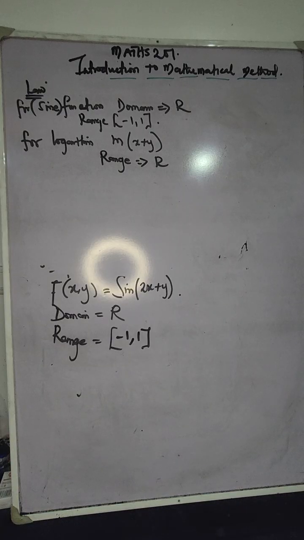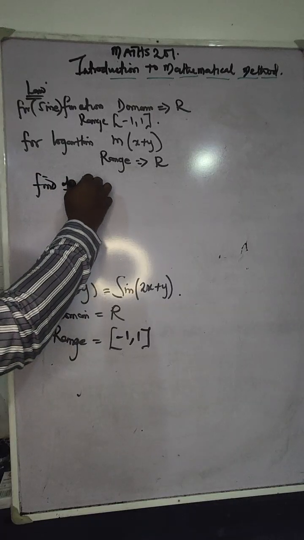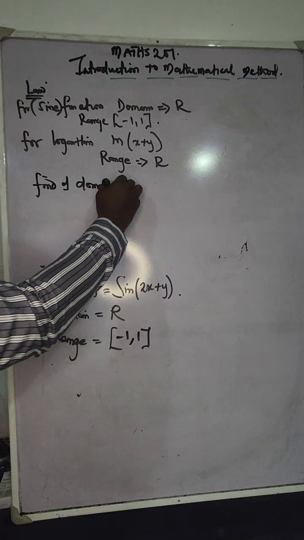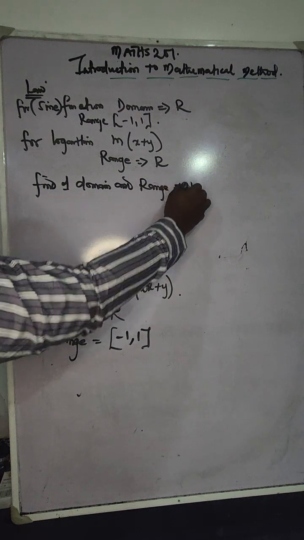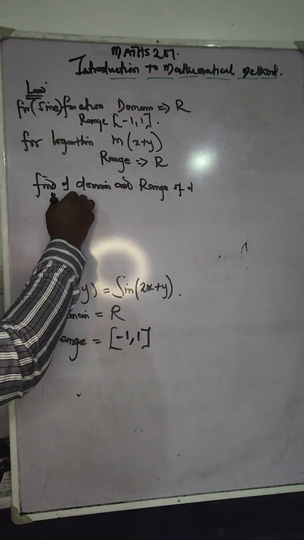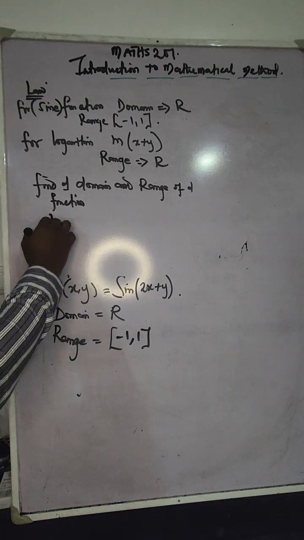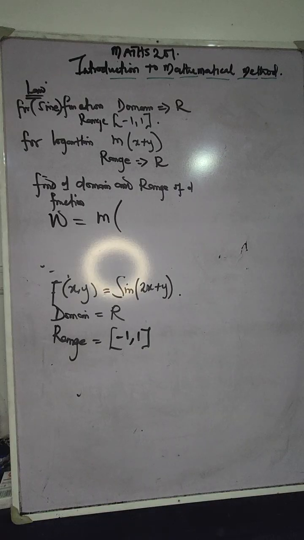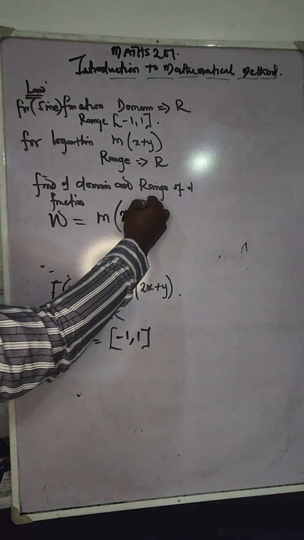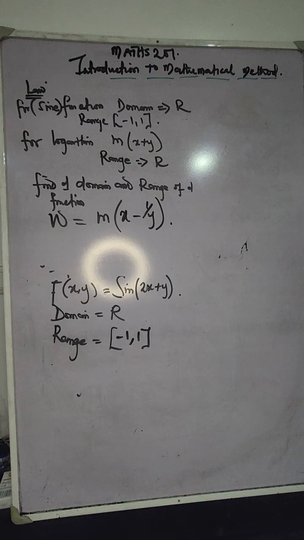Find the domain and range of the function W equals ln of x minus 1 over y.